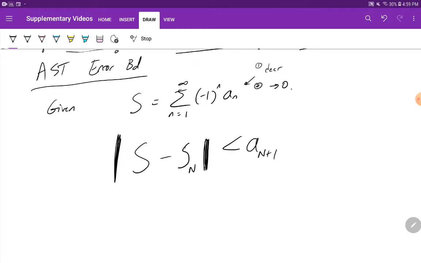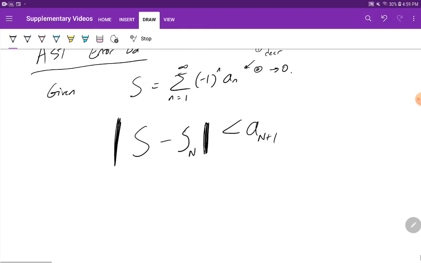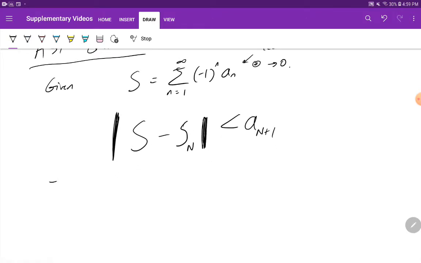What the heck is this saying? It's saying that wherever we stop, they use the sum as an n value, a capital N usually. So if I stopped at the 6th term, it would be s sub 6, or if I stopped at the 100th term, it would be s sub 100, and so on.